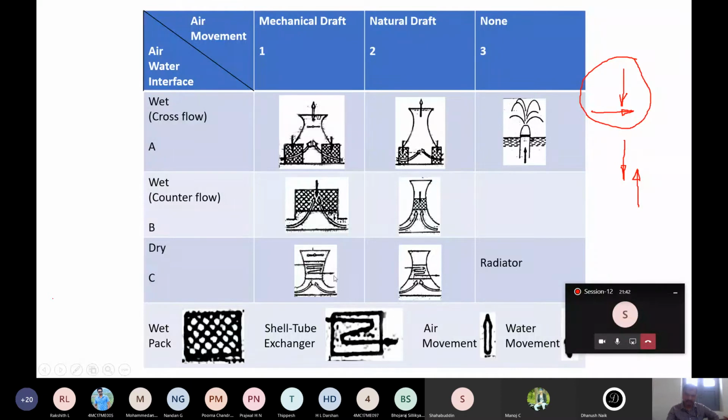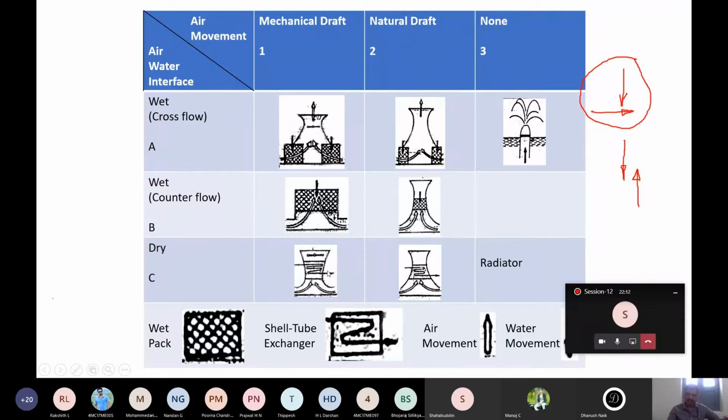Next, here in another cooling arrangement, they are not allowing water to directly get mixed with the air. Instead, what designers are choosing is an arrangement like a heat exchanger, where water is going to flow through the pipe and air will pass around the pipe.